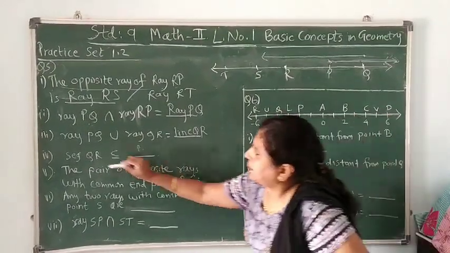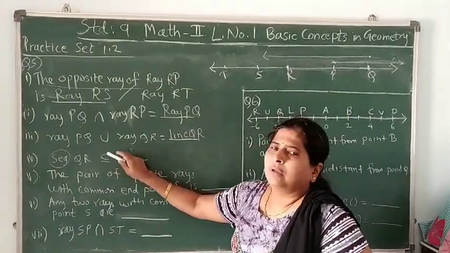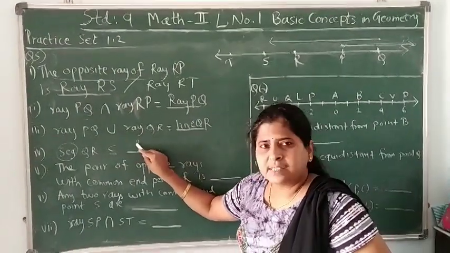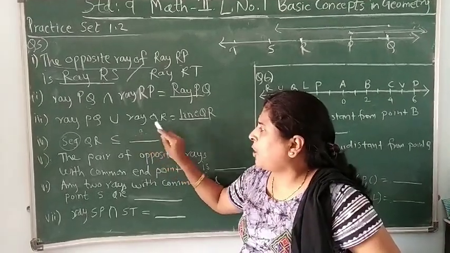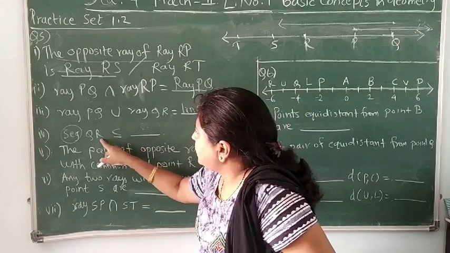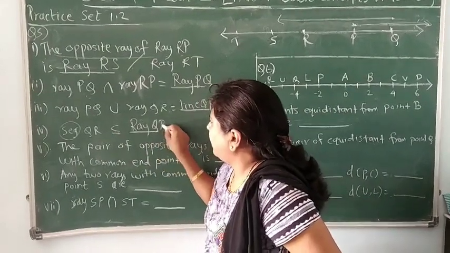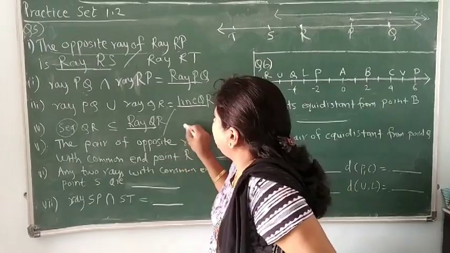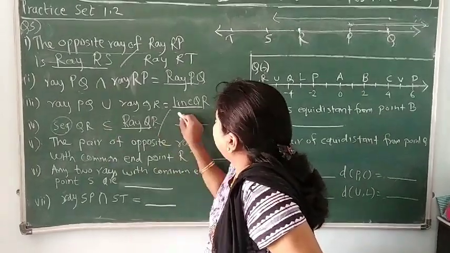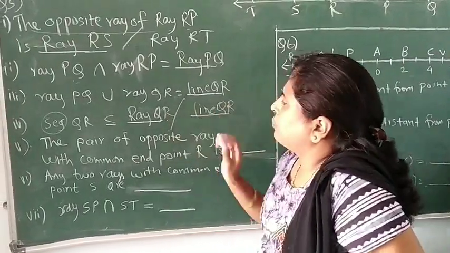Basically any segment is a subset of the ray with the same name or the line. So you can use that property and write that it is a subset of ray QR. Or the option can be that it is a subset of line QR. Any one of these answers you can write.